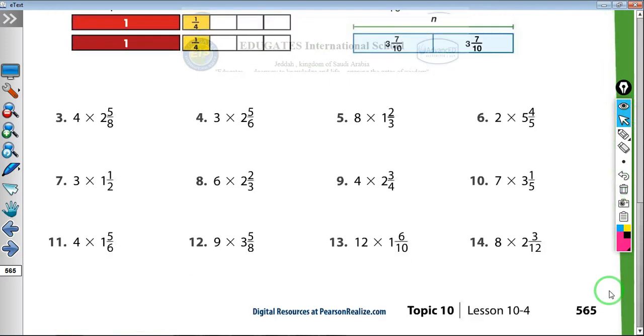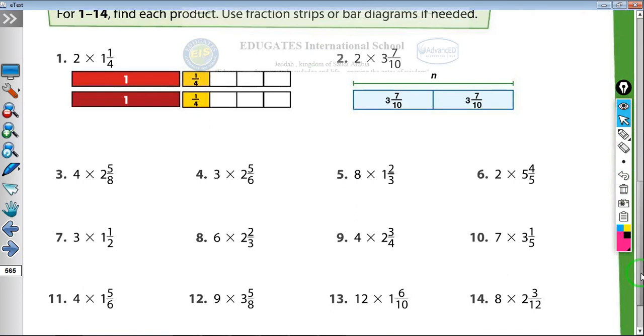Please show me here the answers of this page from 1 to 14. I will give you 2 minutes. I'm waiting now till you finish, inshallah. So start to do now. Open your copybook and solve with me by yourself.